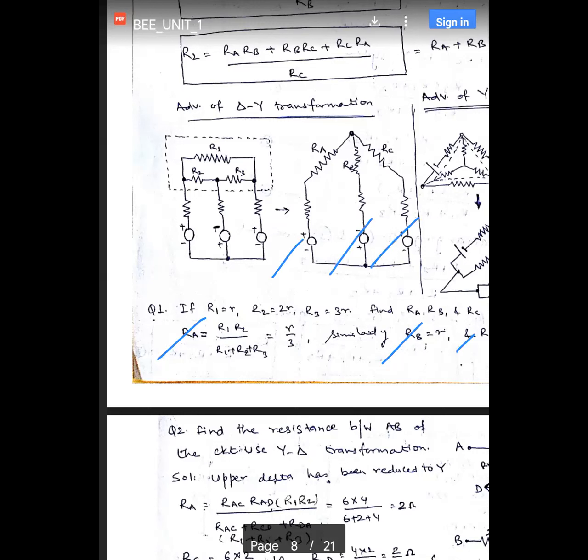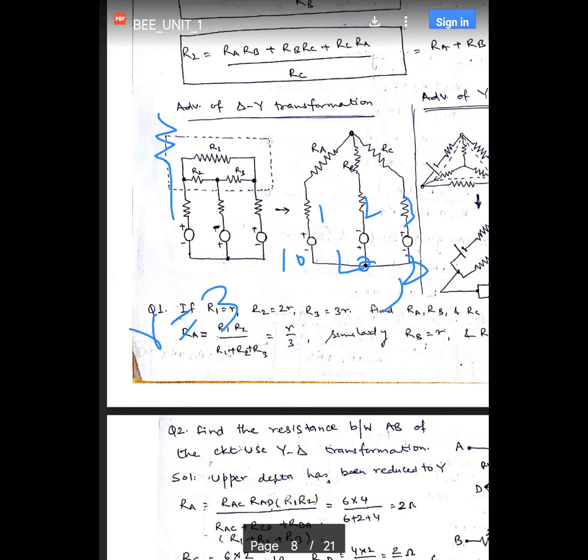We can do that as well, because if we see this circuit minutely, since this is a revised circuit, you can say this is resistance 1, this is 2, this is 3. Say these are the battery sources 10, 20, 30, and so on. Now you can say that this circuit is redrawn as this 1 ohm, and 1 ohm plus RA, you have seen R by 3. Say, let us suppose that R is equal to 3.